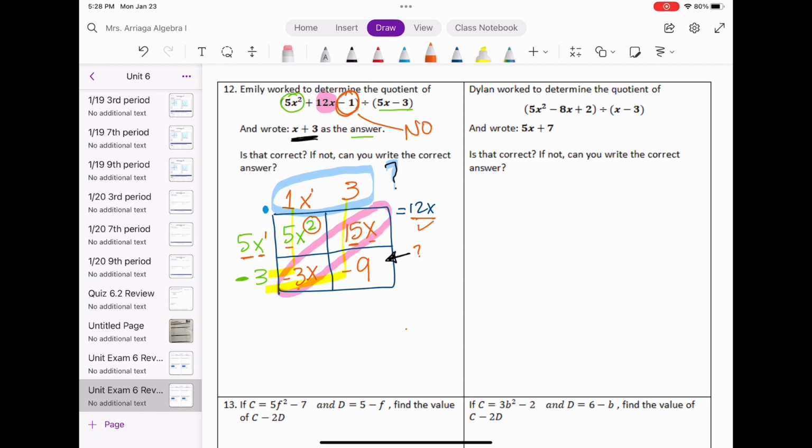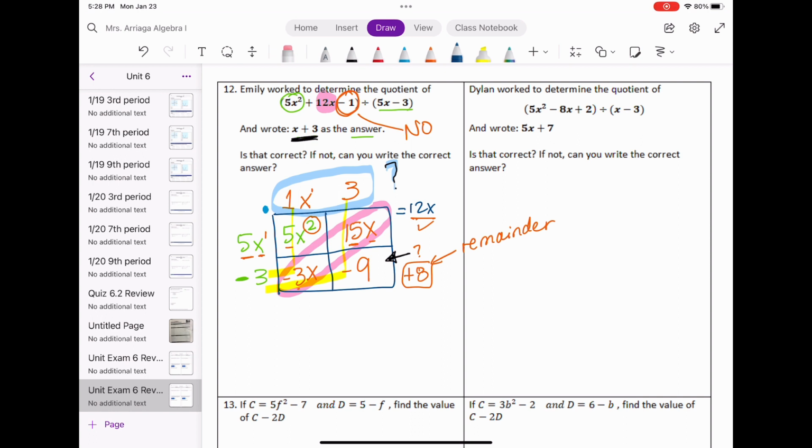So let's do a remainder. So we have a negative 9, but we want a negative 1. So how much do you have to add to that negative 9 to get negative 1? And the answer is 8. Negative 9 plus 8 is negative 1. So that means that we have to add an 8 to that 9, and that is the remainder.